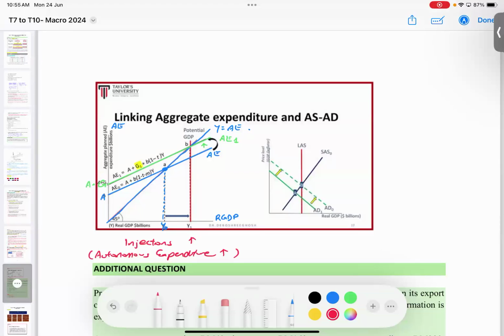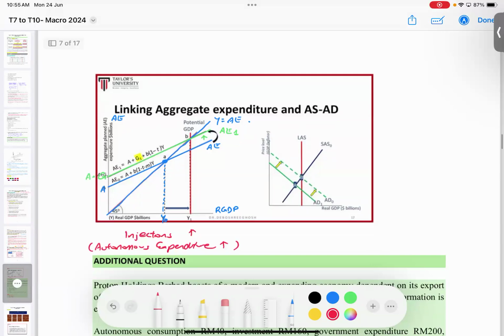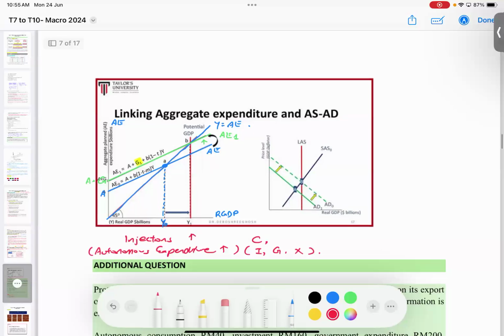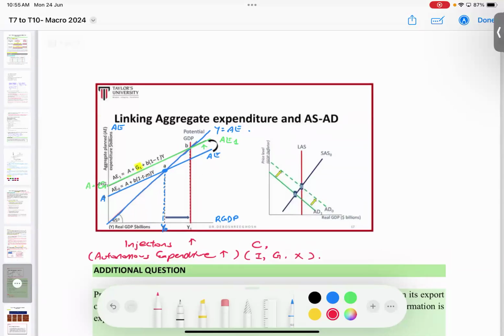Injections means investment, government spending and exports. As long as all these components, consumption, investment, government spending and exports, increase, it will shift the entire AE curve upwards.